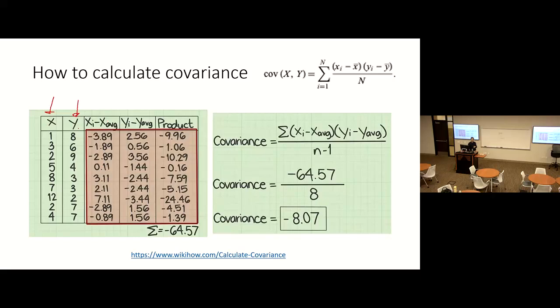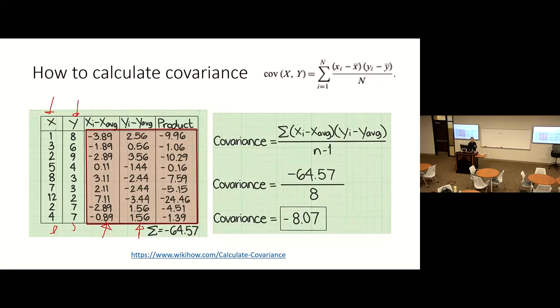Calculate the average of x, calculate the average of y. Every element in the x variable minus its average, you get this difference, and the same thing for y.